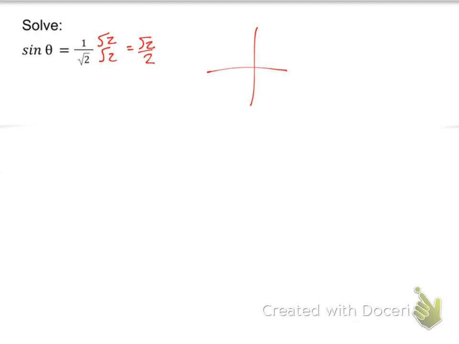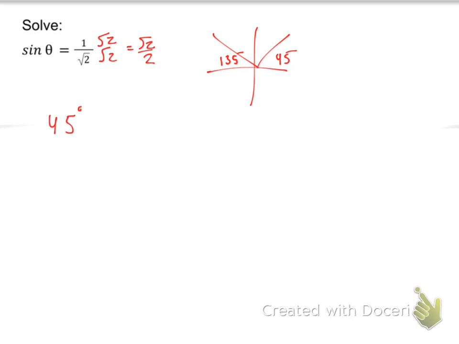I'm also hoping that everybody says, hey, wait a minute, it's a sine value, and it doesn't tell me there's any restrictions. So sine is positive in the first quadrant and it's positive in the second quadrant. And if you take a look here, the angles that would get me square root of 2 over 2 are actually 45 degrees and 135. Take a look at your unit circles. That is where it's going to be. So how do I write my answer?